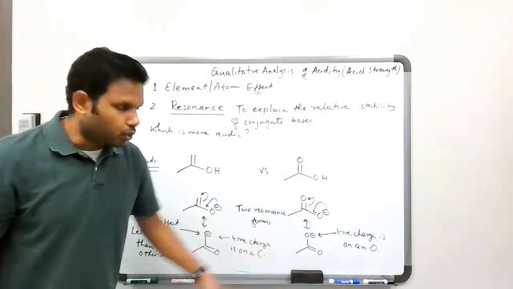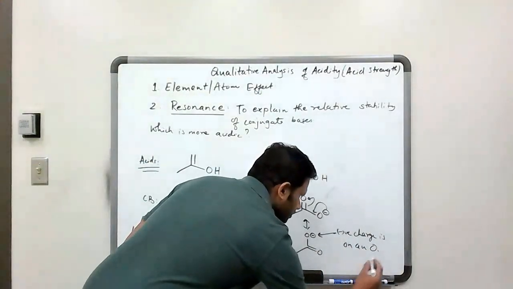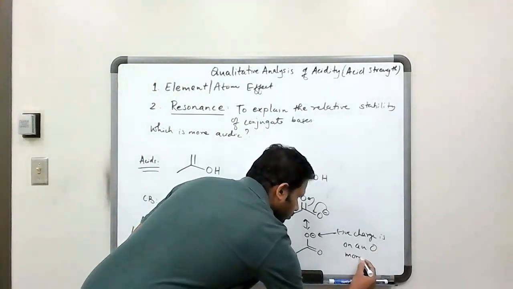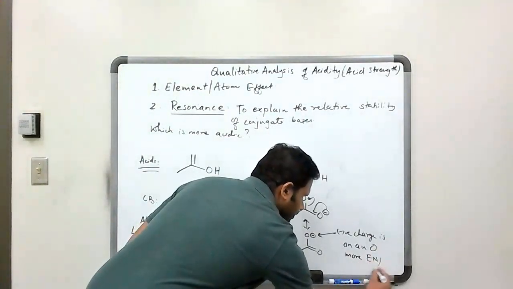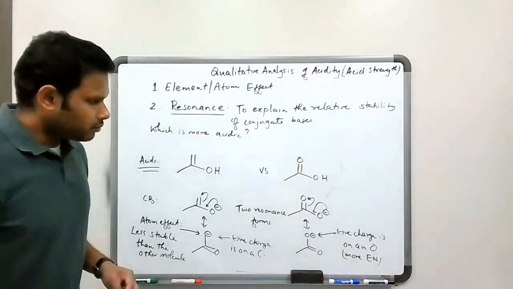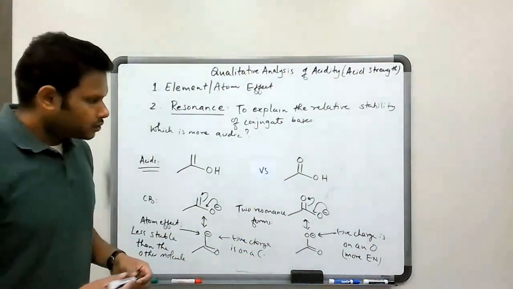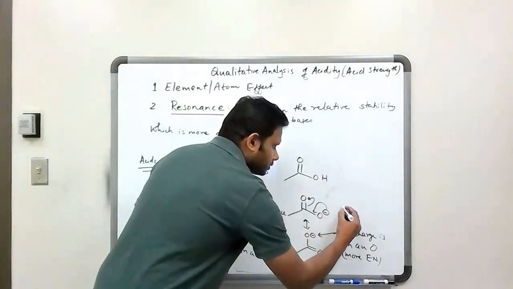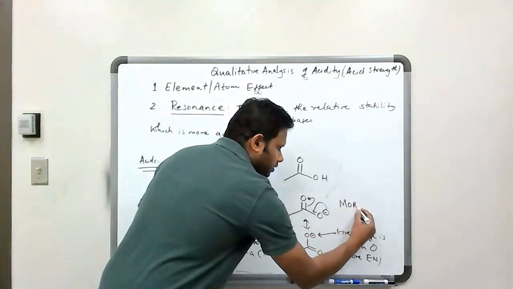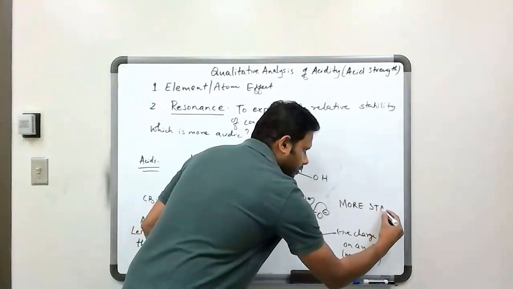And since oxygen is more electronegative, that means it can stabilize that negative charge better. And so what that would mean is this conjugate base overall is more stable.